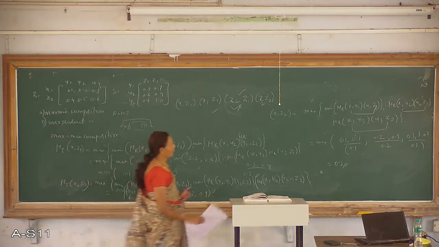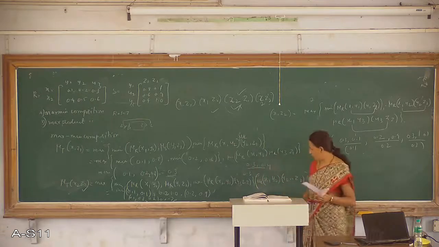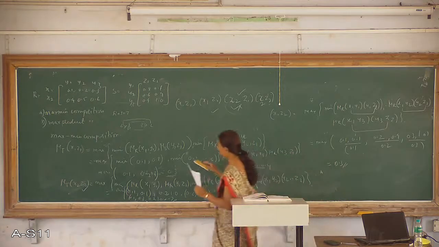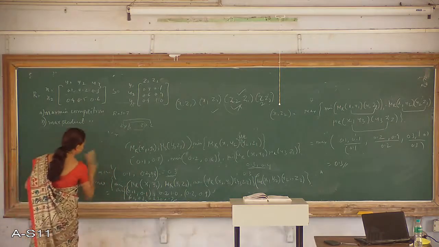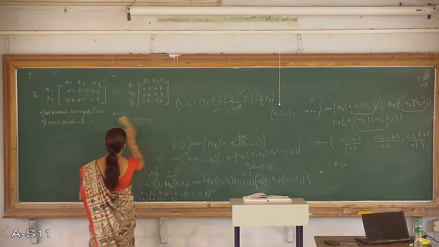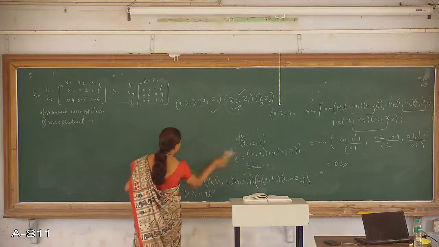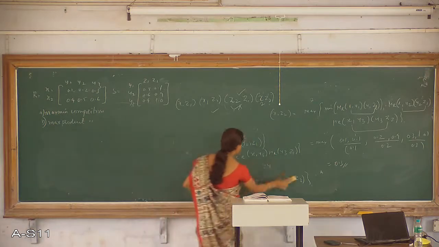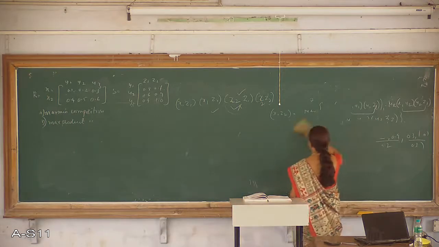Okay. So next we are going to have a similar kind of problem with max product composition. Max product composition is given by the formula. I'll just write it. It is the same except that instead of the min and max you are going to have the product.